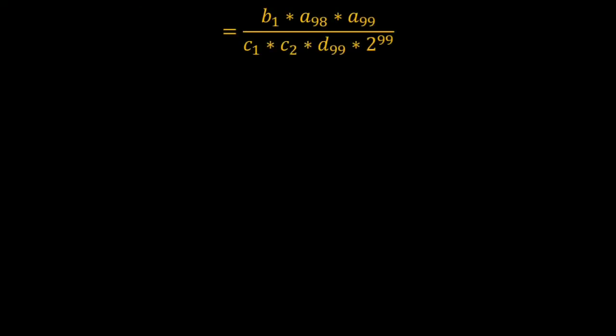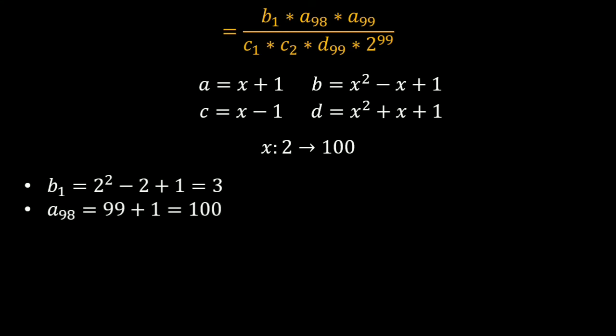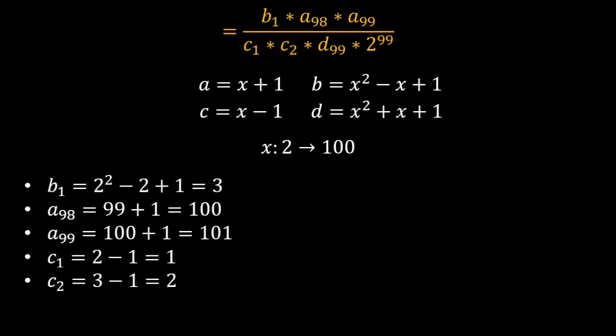Now here is my final term, and we know that a equals x plus 1, b equals x square minus x plus 1, c equals x minus 1, and d equals x square plus x plus 1. We know that x goes from 2 up to 100, so b1 equals 2 square minus 2 plus 1, which equals 3, a98 equals 99 plus 1, which is 100, a99 is 101, c1 is 1, c2 is 2, and d99 is 10,101.